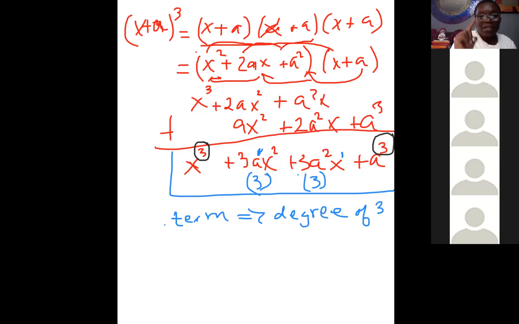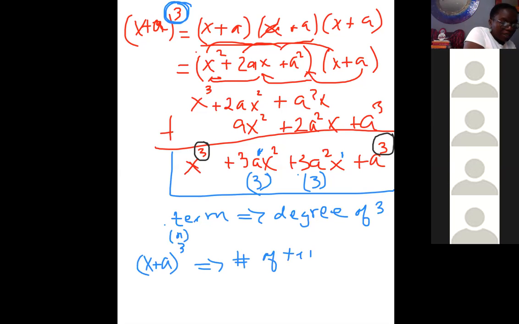Now, additionally, guys, when we started with this binomial, it was a third degree binomial. How many terms do we have in this problem? 4. We have 4. So what happened is this. We had a binomial to the third power, and I'm going to refer to the power as n, but the number of terms is equal to 4.